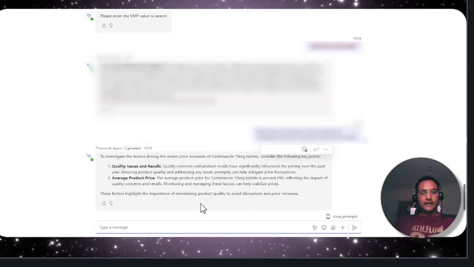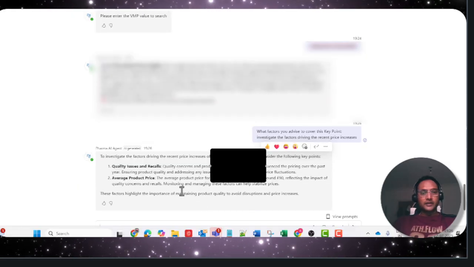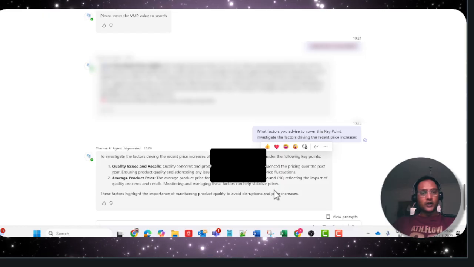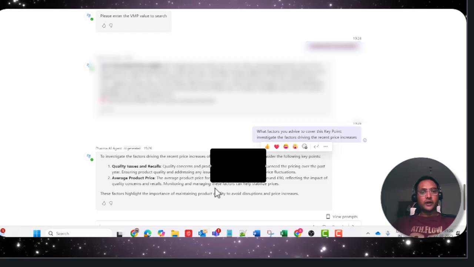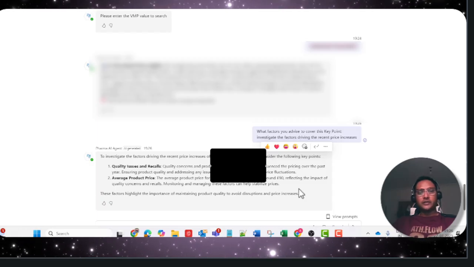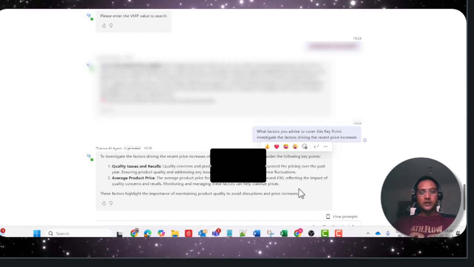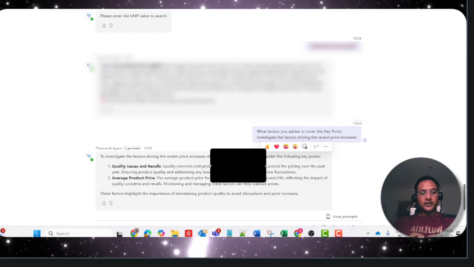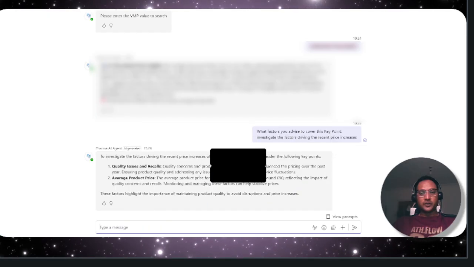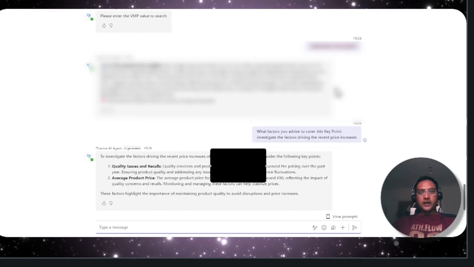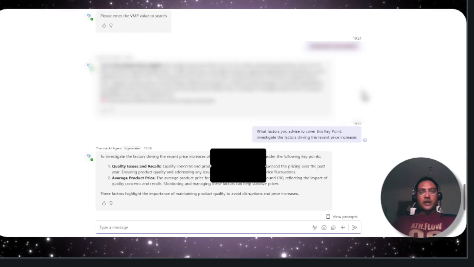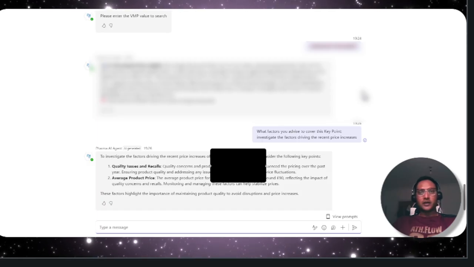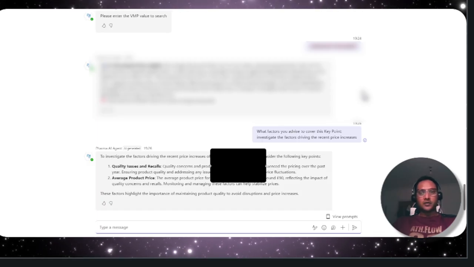So it says to investigate the factors behind the recent price increase, quality issues and recalls, average product price. So we can further drill down to ask specific questions on top of this. And this has been generated from the knowledge base, the documents that you have submitted. So this is how AI is quite powerful in analyzing the market conditions and providing an insight.